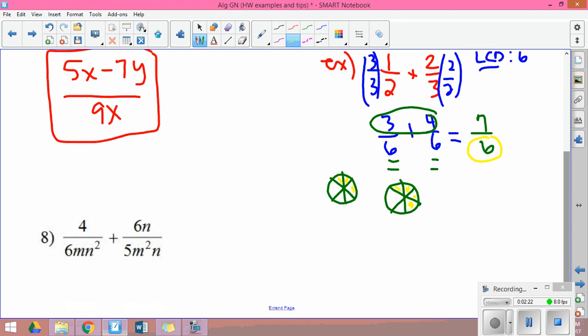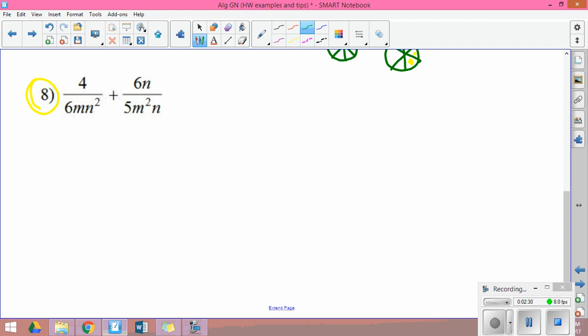When I move to number 8 in the homework, I see that I do not have a common denominator. But a little tip: this fraction right here is all multiplication, as is this fraction.